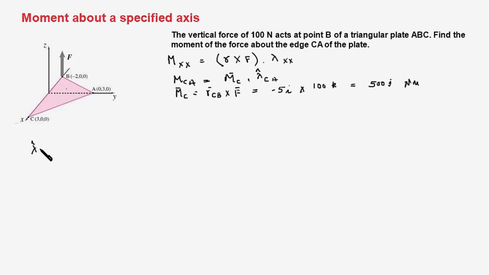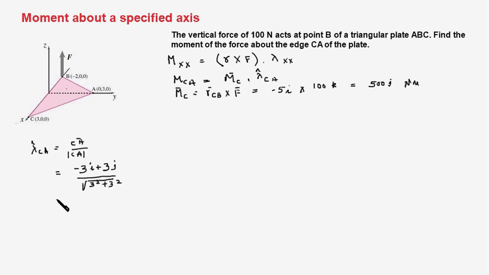Let us now determine the unit vector along CA. So unit vector CA would be equal to the position vector CA divided by the magnitude of CA, and this will be equal to minus 3I plus 3J whole divided by square root of 3 square plus 3 square.